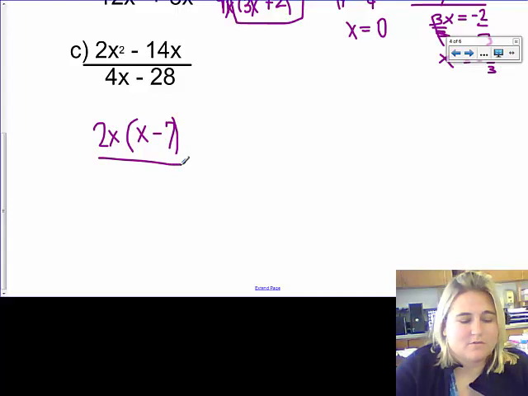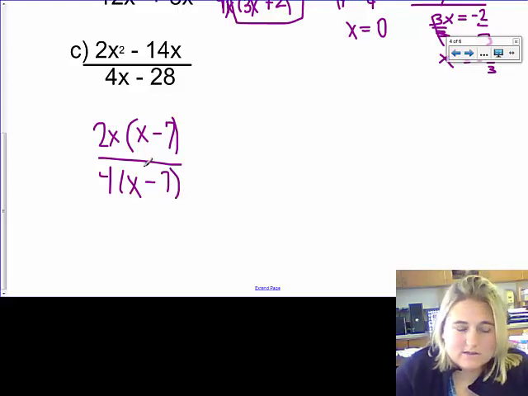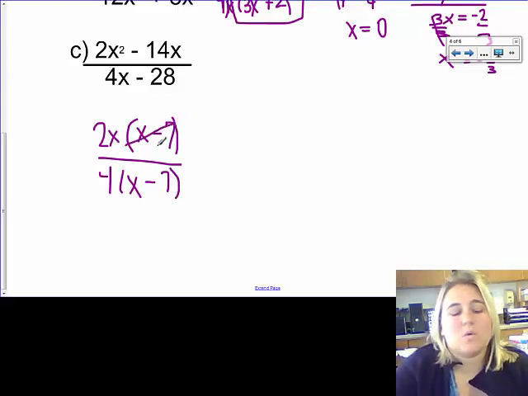Over. On this one, I can factor out a 4. And I'm left with 4x divided by 4 leaves me with just x, minus 28 divided by 4 leaves me with 7. Now in this case, I can cancel these quantities, okay?